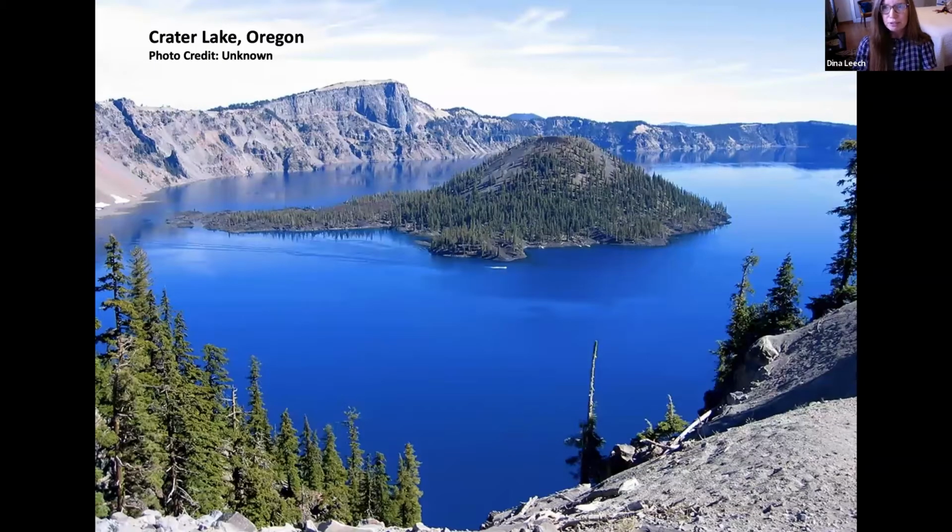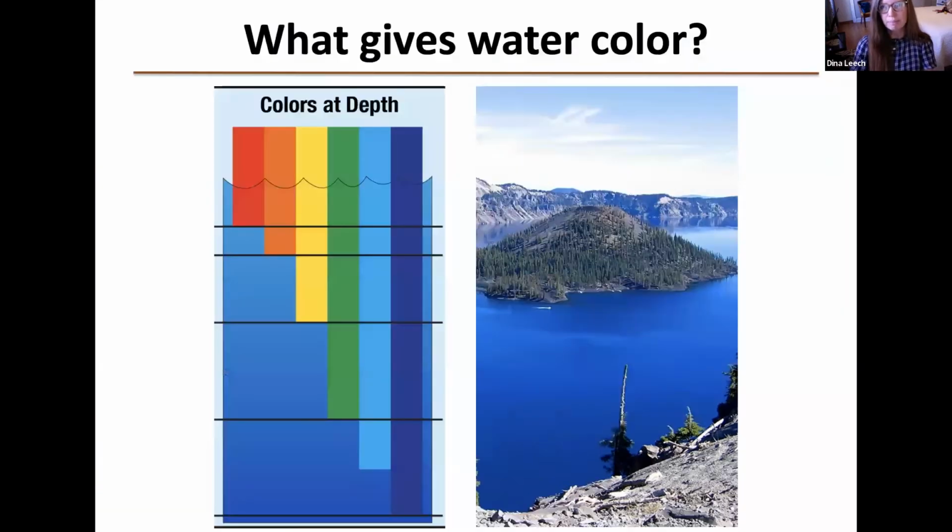So what about the color of water? Why, for example, is Crater Lake in Oregon this brilliant blue color? Well, the same processes are happening here as well. If we look at the interactions between light and water, it turns out that water molecules absorb those longer wavelengths, those reds, oranges, and into yellows, more so compared to shorter wavelength blues and violets.